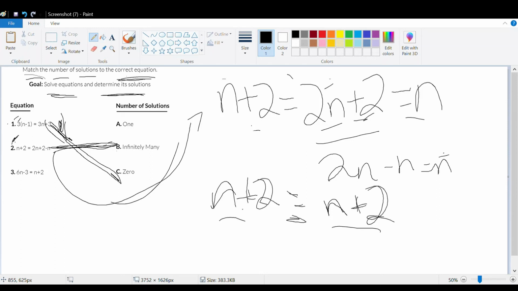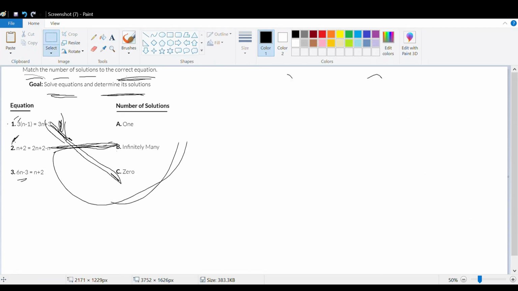Now let's go to the third equation. As usual, let's get this out of our way because we know the answer. So now we're going to do the third equation.